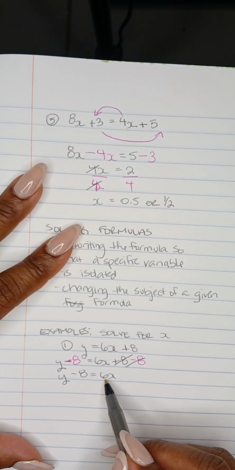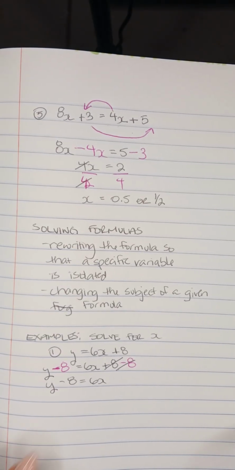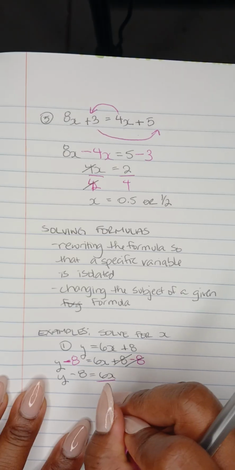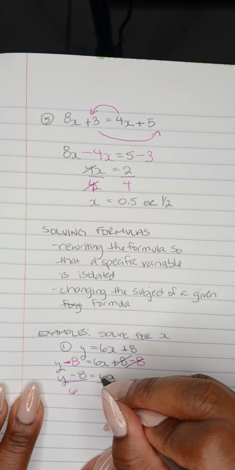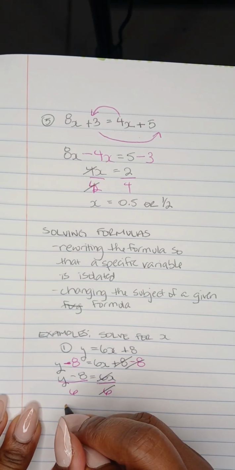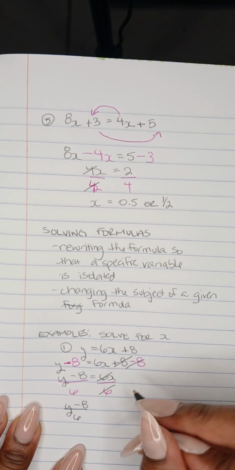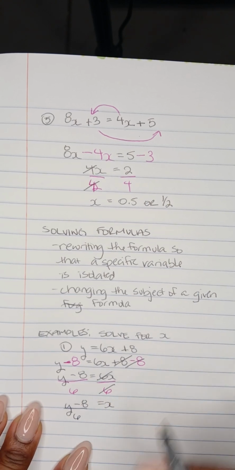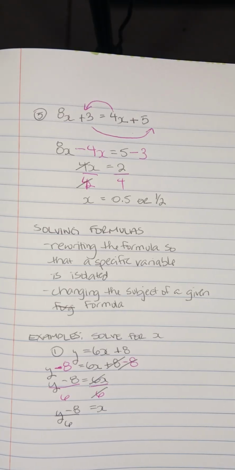But we still have this 6 here. We want to remove that. And of course, how do we do that? We divide both sides by 6. Okay? And so, of course, these two cancel out. And so we end up with y minus 8 over 6 is equal to x. And now, because x is our subject, we're done. Okay?